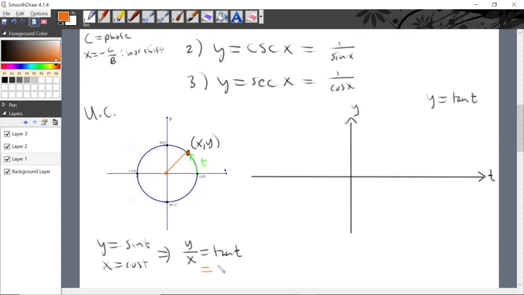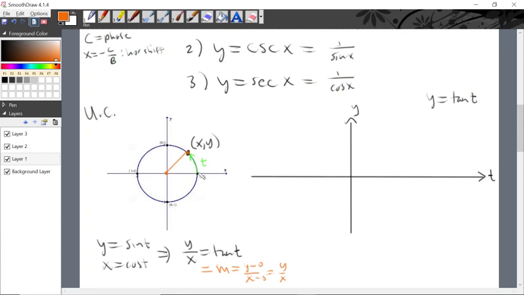Then the slope of that line, the slope of this red line right here, would be found by y2 minus y1 over x2 minus x1, where y1 and x1 they both equal 0. So we have y minus 0 over x minus 0. All right, so y over x.